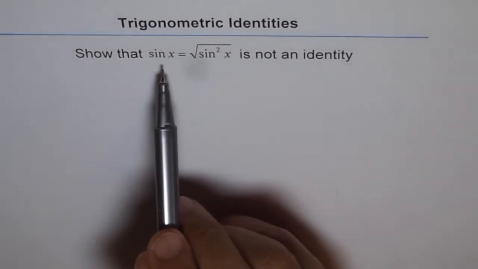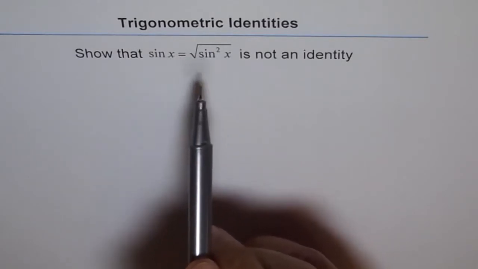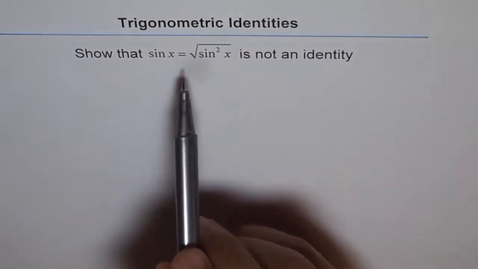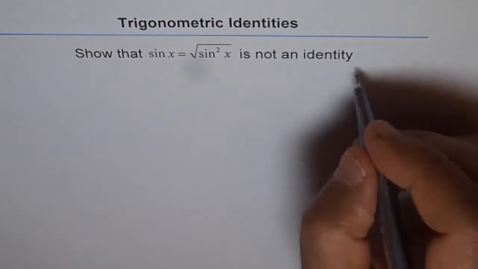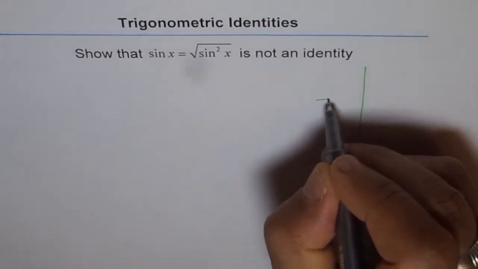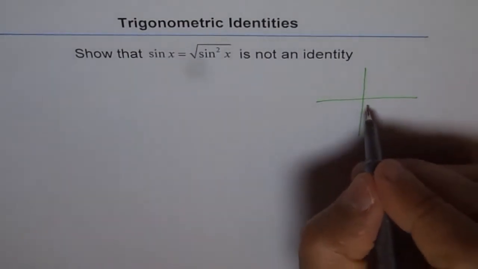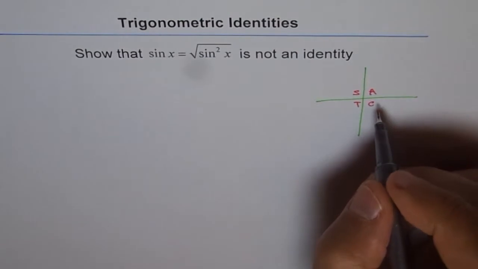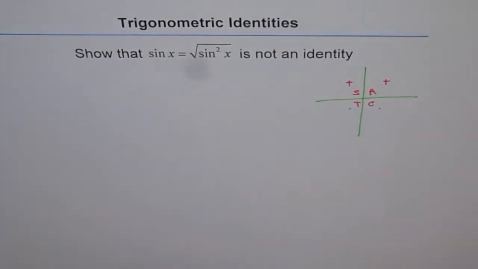Now why is sin x equal to the square root of sin square x not an identity? Well, the square root of sin square x is always positive, correct? But if you remember, in our quadrants we have the CAST rule. So sin is positive here and here, not in these two quadrants.